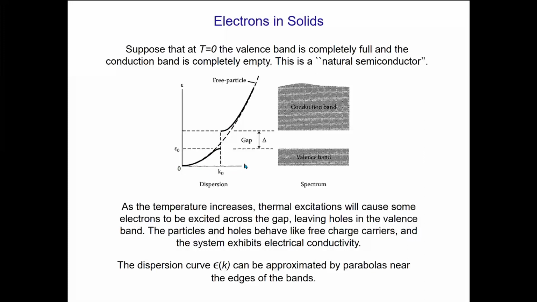The energy is approximately proportional to the wave number squared. But there is a gap here where energies are not allowed. Okay, so no energies in this area. So the real dispersion curve in this case looks like that.